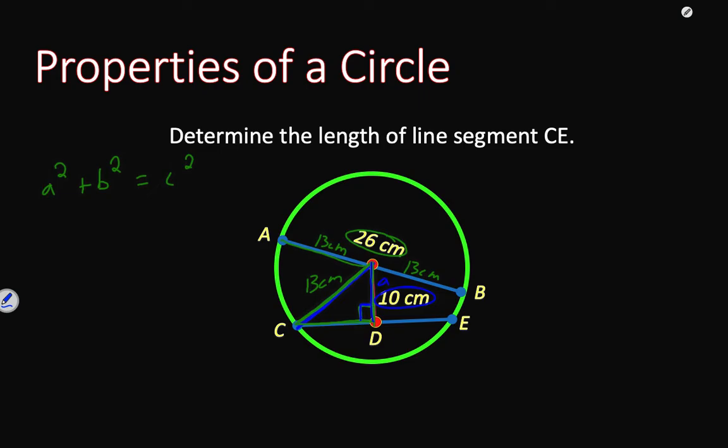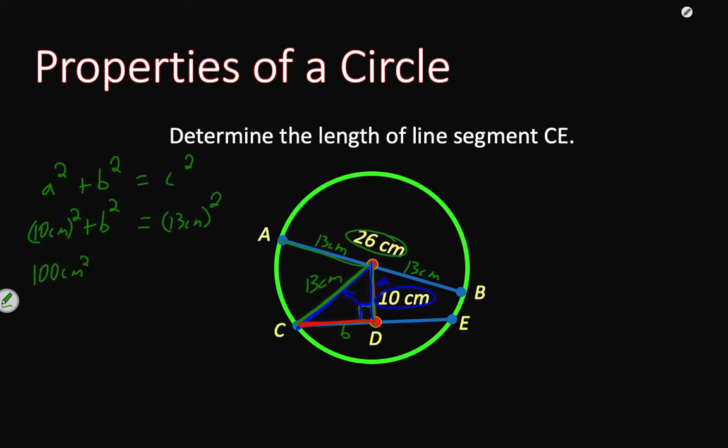Let's call that A. So I'm going to put 10 centimeters in for A. Then I have another leg here and I don't know what that one is. Let's call that B. My side across from the right angle, the longest side, that's 13. That is C. Now I can solve for B.